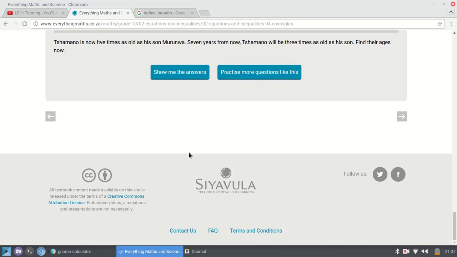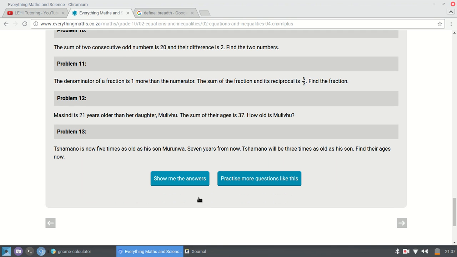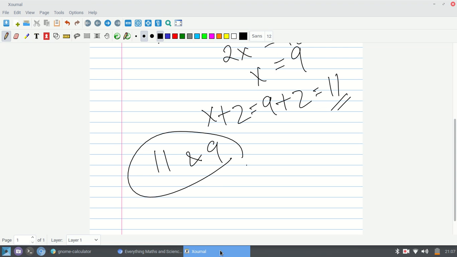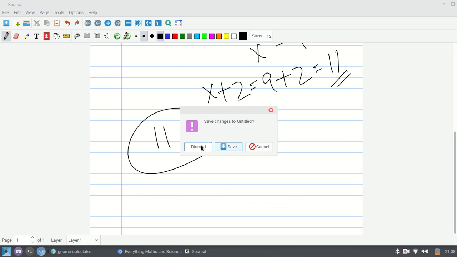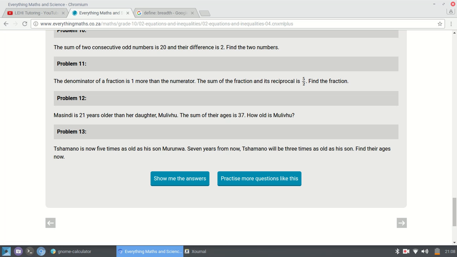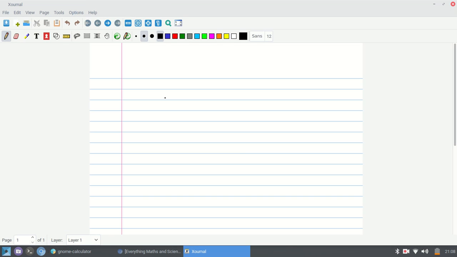The denominator of a fraction is 1 more than the numerator. The sum of the fraction and its reciprocal is 5 over 2. Find the fraction. Okay. So reciprocal means 1 over, just the flip, right? And it says that the denominator of a fraction is 1 more than the numerator. So if we call the numerator x, the denominator is x plus 1. Now what's the reciprocal?